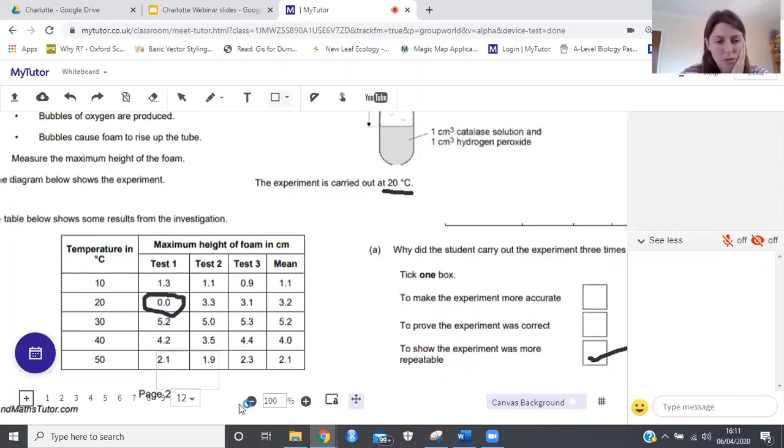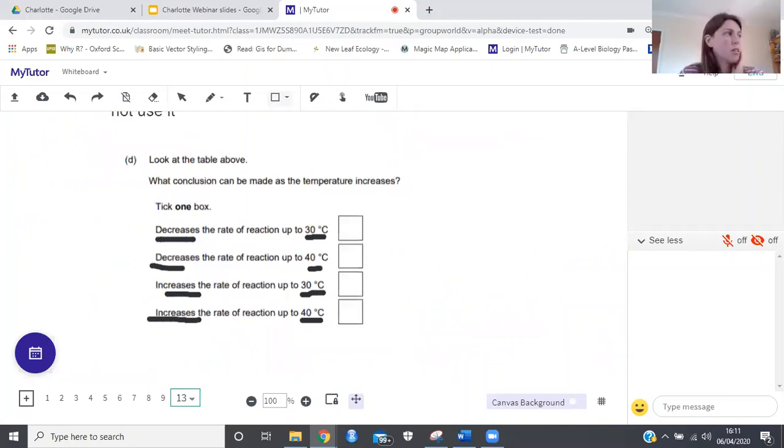That would be the general trend. So if we go back to here, we can say that it increases the rate of reaction up to 30 degrees C. It decreased again before it went to 40.